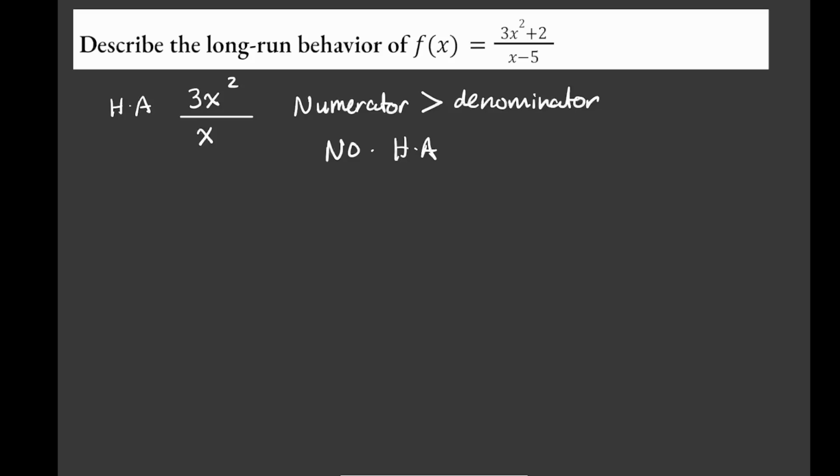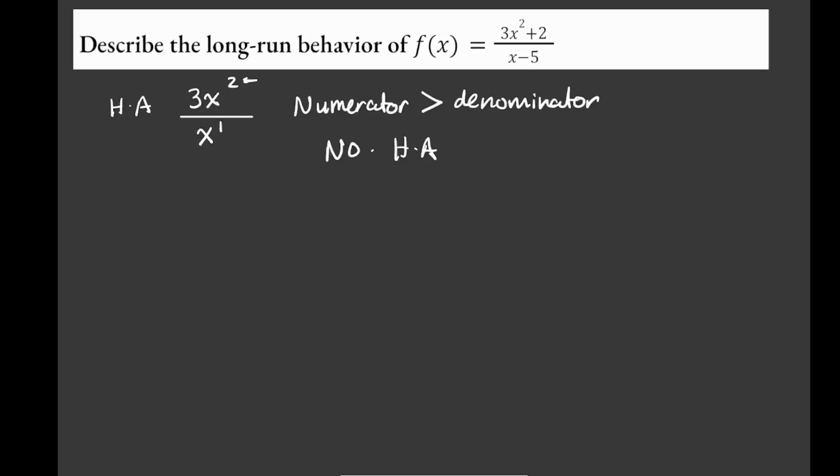However, whenever your numerator has 1 degree more than the denominator, notice the denominator has a power of 1 and my numerator has a power of 2. So whenever the difference between these powers is 1, then here we have something that is called an oblique asymptote.